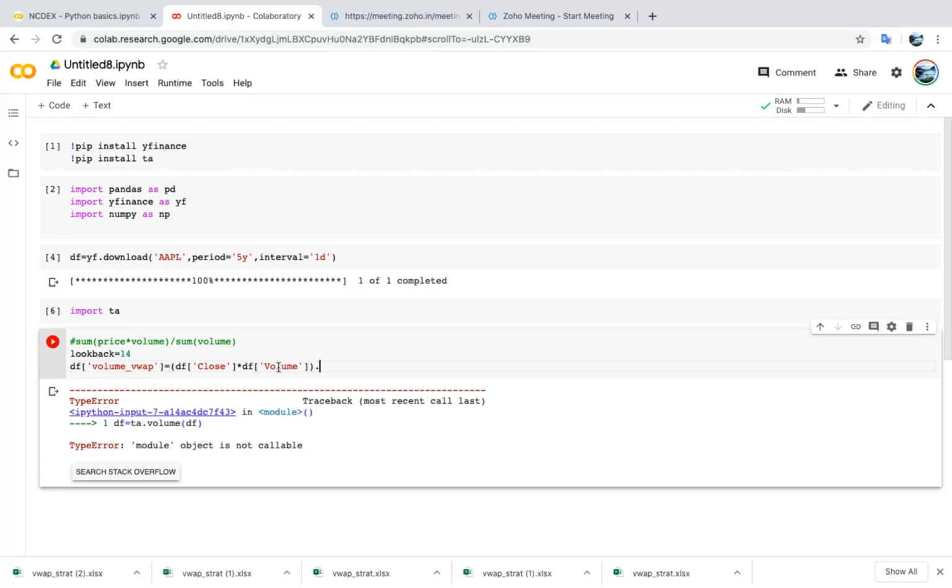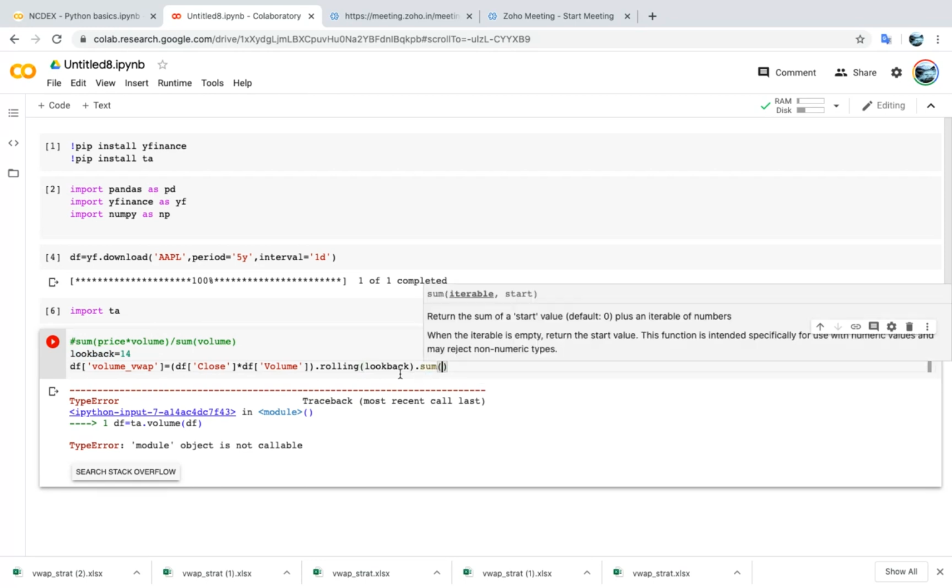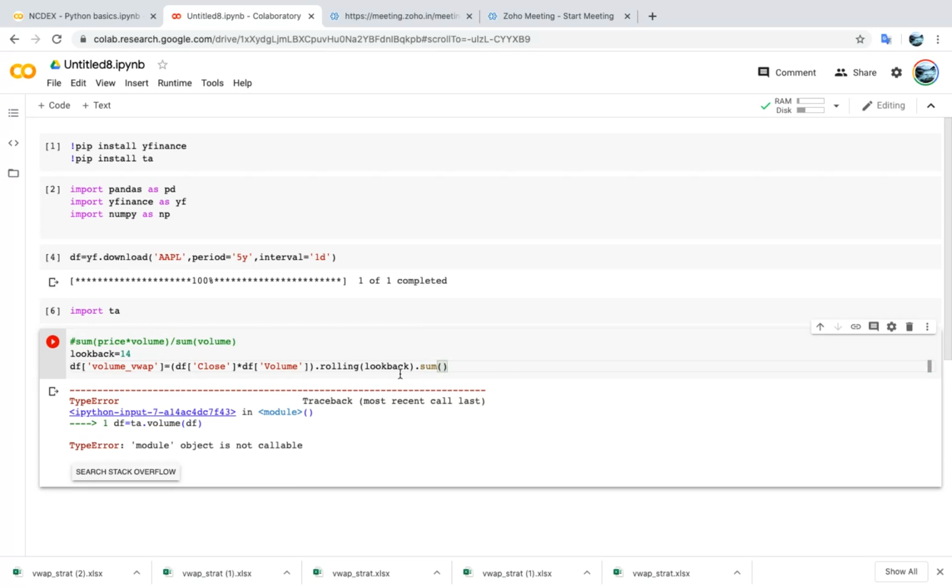And after that, I will take the rolling. How much period? Look back, that we have defined here. And what we have to do? We have to sum it. Is it correct?